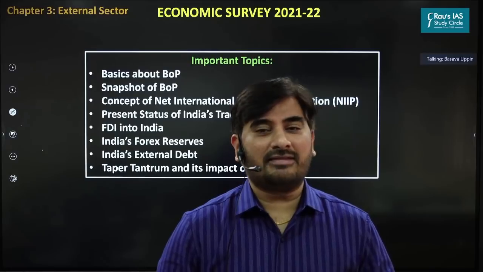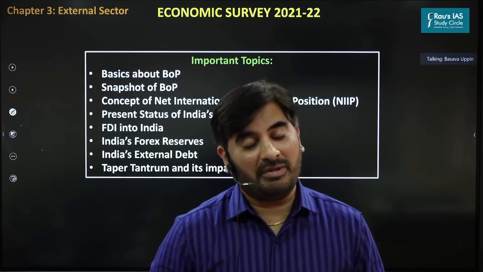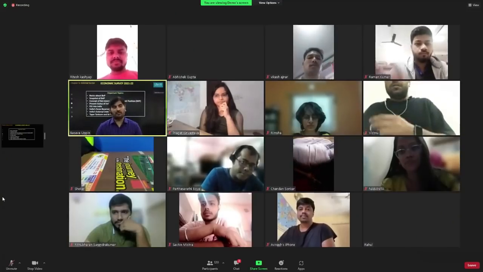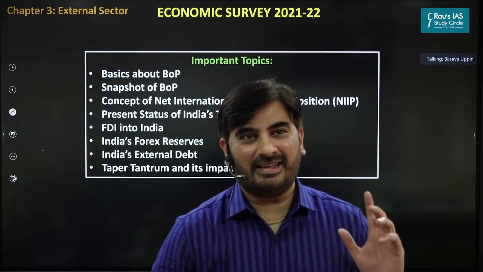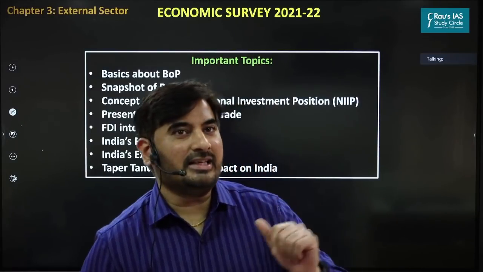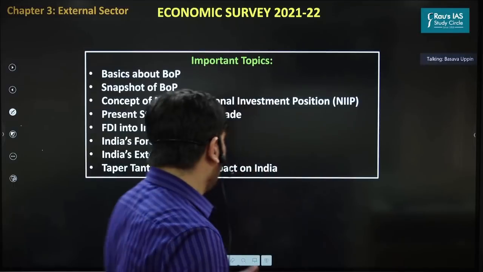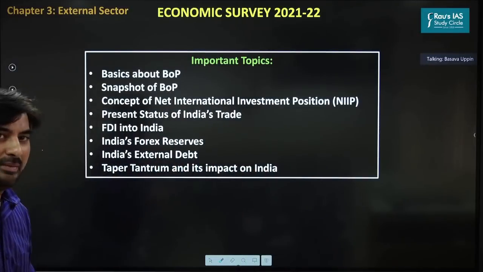As far as this particular class is concerned, we shall be discussing the other chapters from the Economic Survey, starting with chapter 3, that is the external sector. In this particular chapter, first and foremost, we'll look into certain basics of balance of payments.